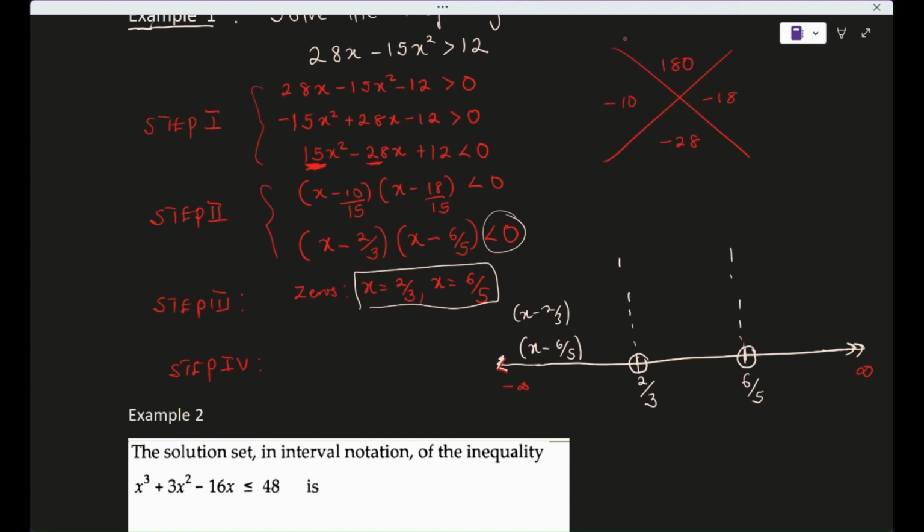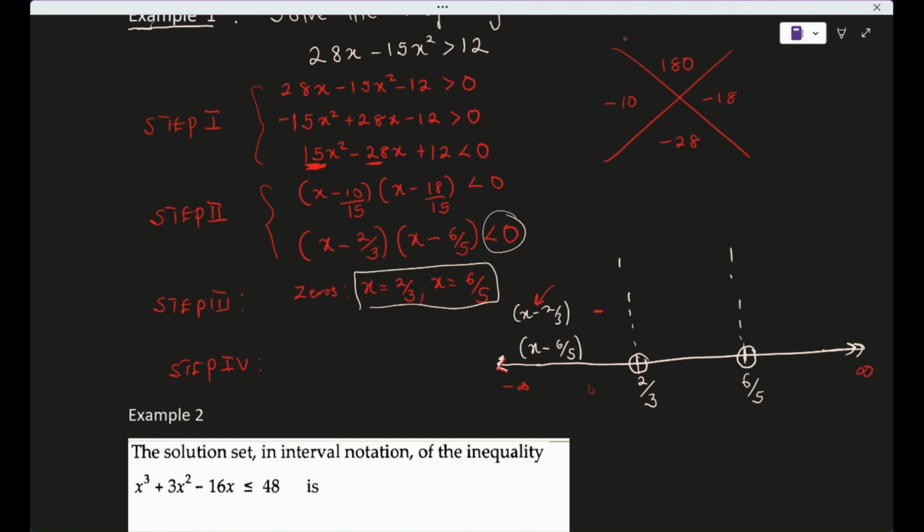If you take a test point between minus infinity and 2 over 3, you can see you have 0. If you use 0 as a test point and substitute 0 into this first factor, you're going to have a negative number. So just put a negative sign. We are not interested in the quantity, just in the sign.